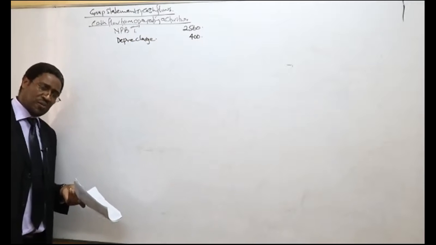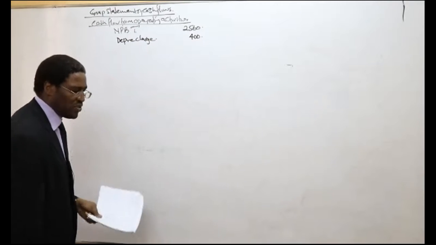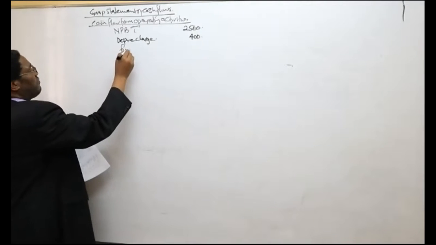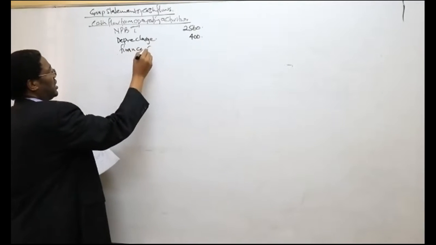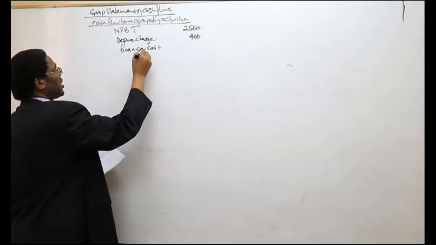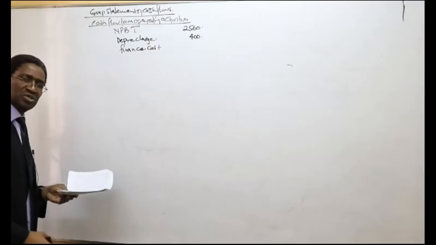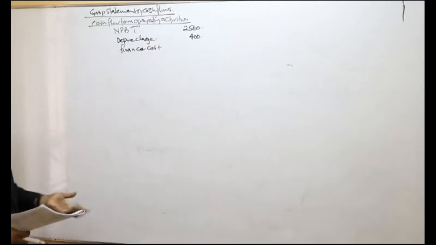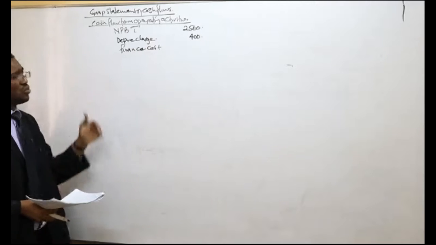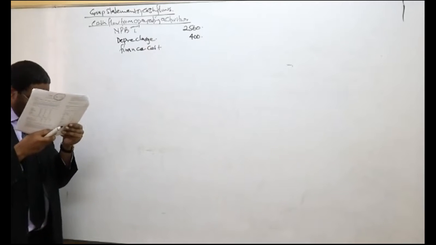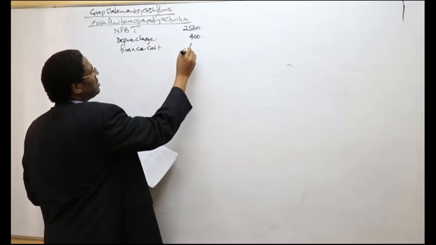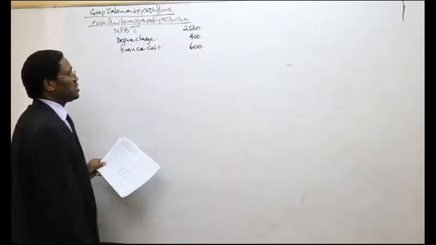When we were discussing the format in the previous class, we said another non-cash item is obviously the finance cost. What the question is charging in the income statement is normally a charge, not necessarily what they pay. So whatever is the finance cost in the income statement is a non-cash item, and the amount is 600.